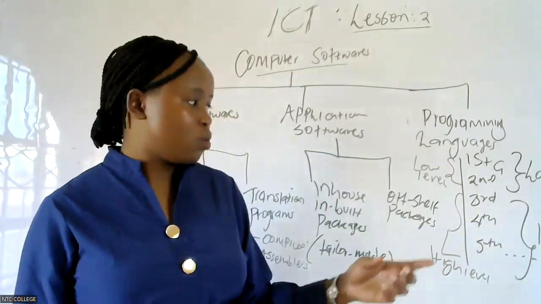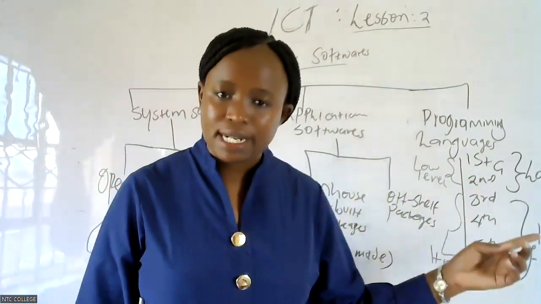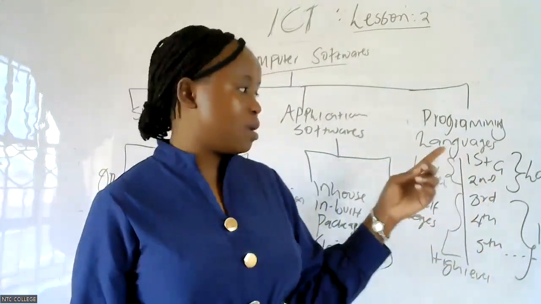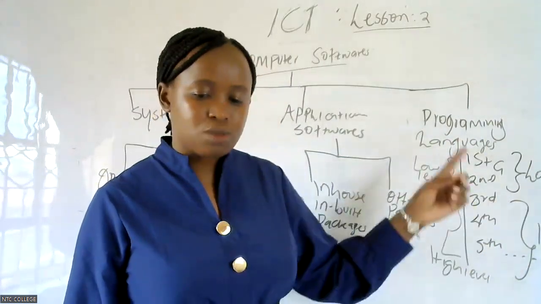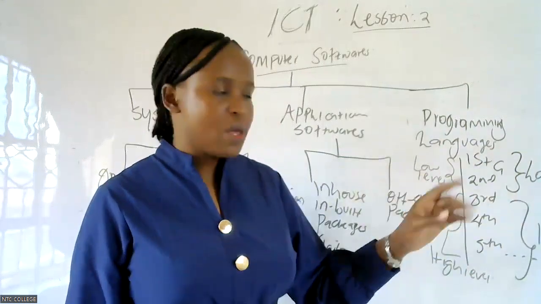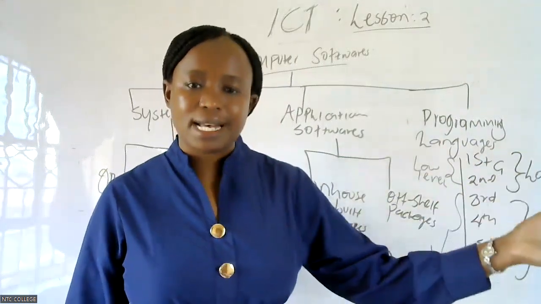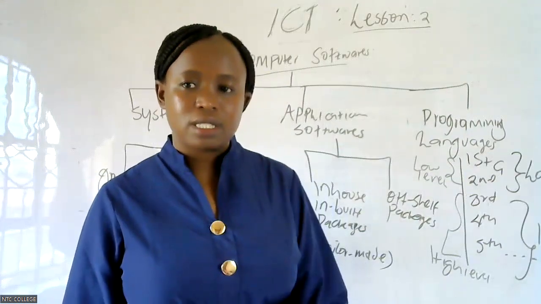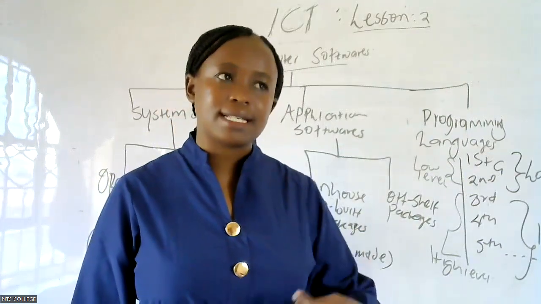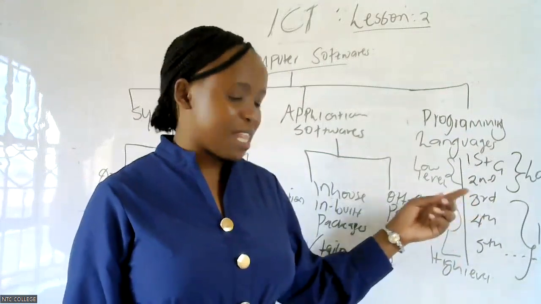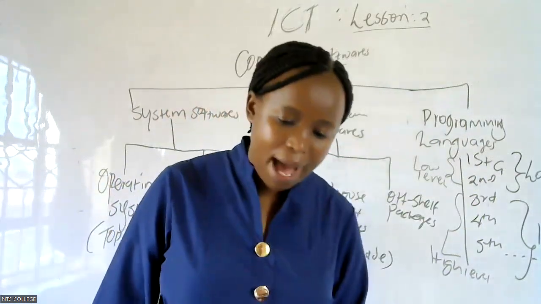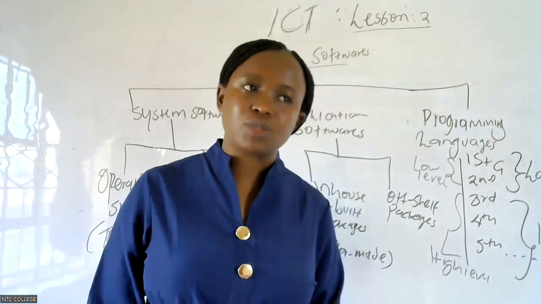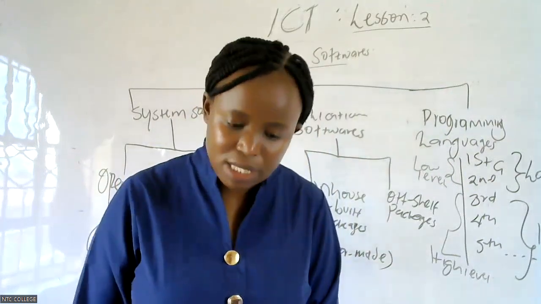It used what we call procedural language. Remember the first one was machine-oriented language. The second one was assembly, a single statement being executed at a time. Then the third level, these were procedural types of programming languages.